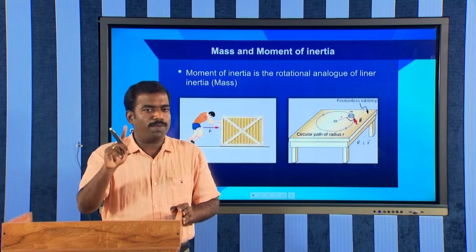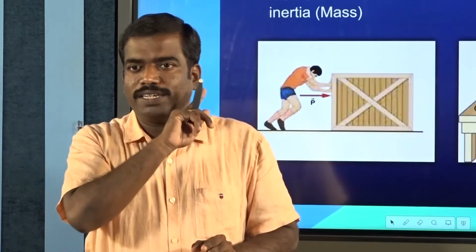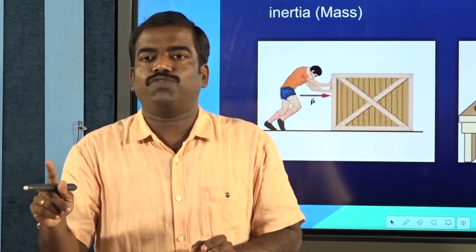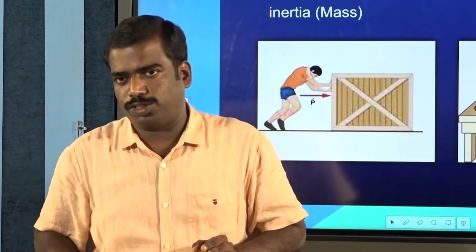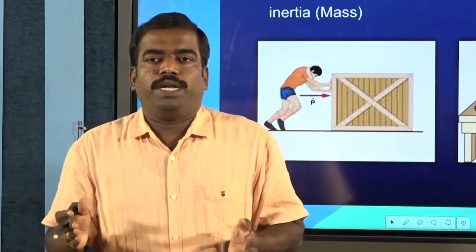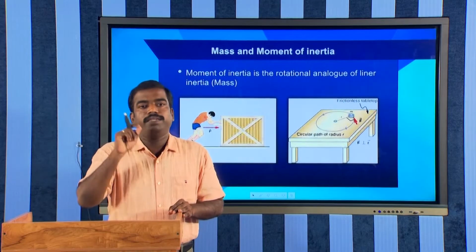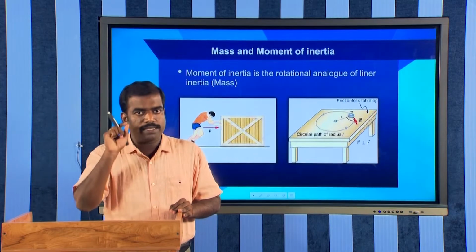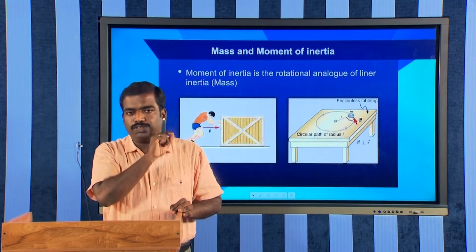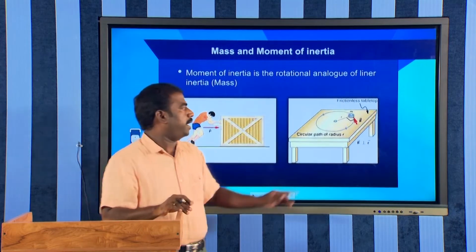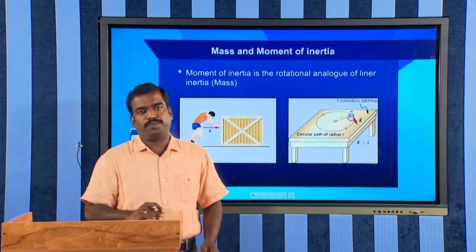This is very important. Mass is constant, but moment of inertia is not constant. Depending on different axes, the moment of inertia of the same body may vary. Moment of inertia depends on mass and distance from the axis of rotation.